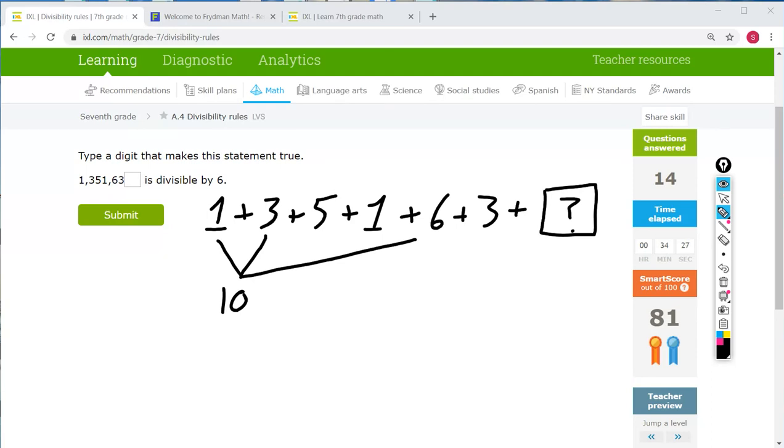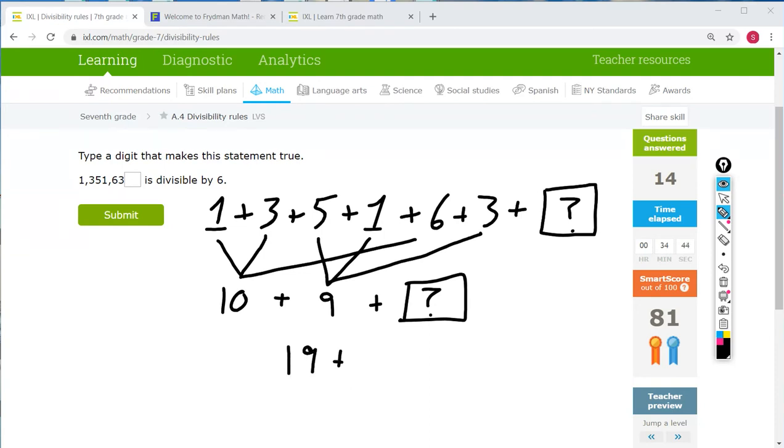And then what other numbers do I have? 5 plus 1 is 6, plus 3 is 9. Plus my mystery digit. So 10 plus 9 is 19. So I have 19 plus some mystery digit, and I want the result here to be divisible by 3.